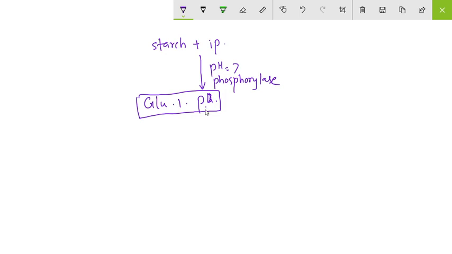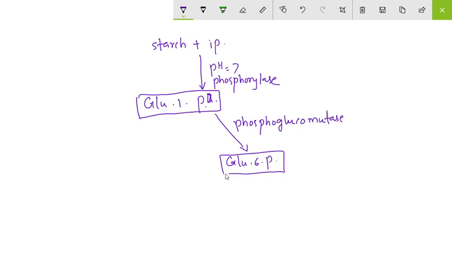Glucose 1 phosphate, in presence of the enzyme phosphoglucomutase, converts into glucose 6 phosphate.